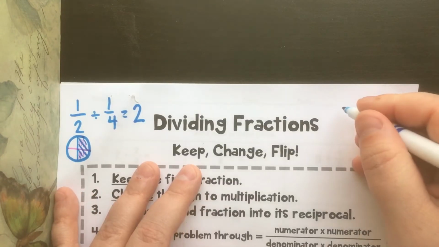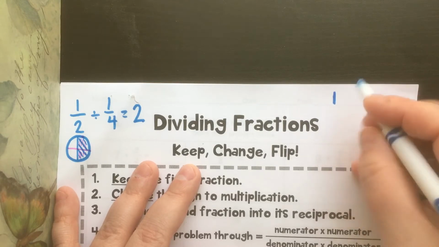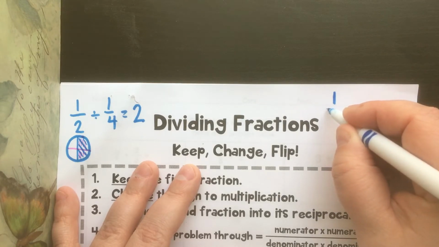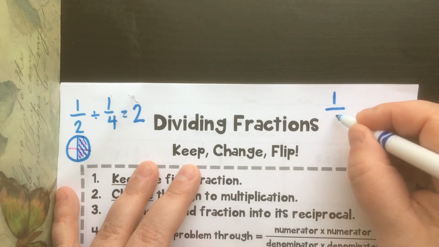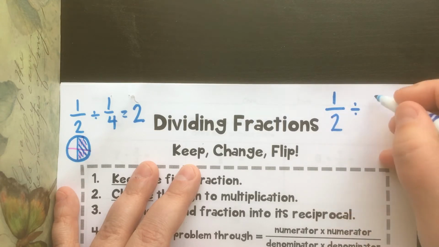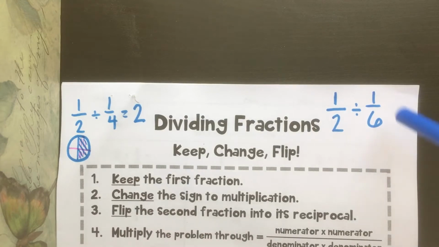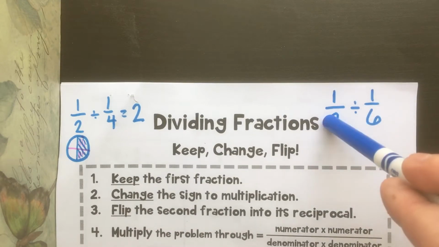What if I had the fraction, I don't want to get too complicated here, 1/2 divided by 1/6. Okay, so we're asking the question, how many sixths are in a half?